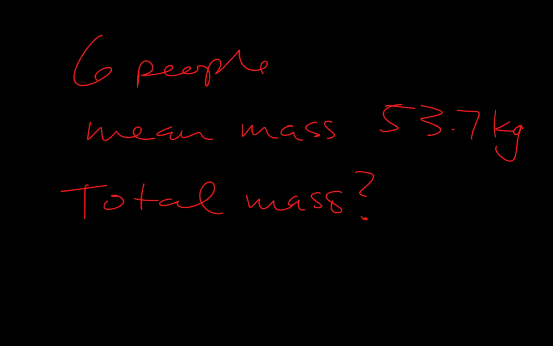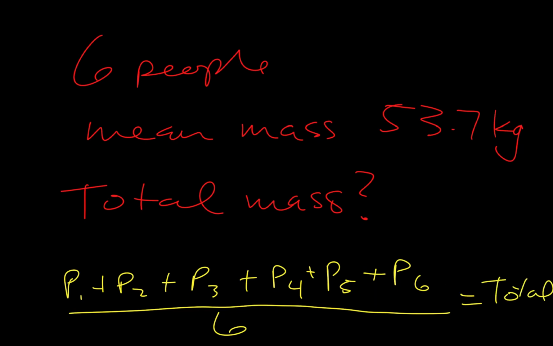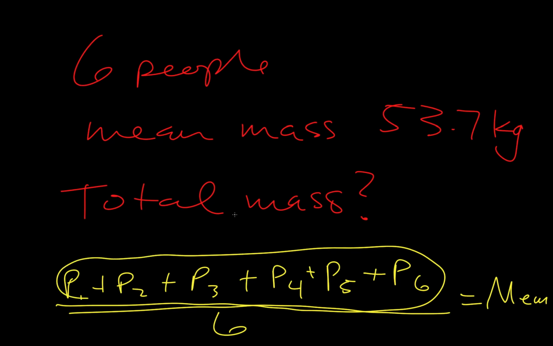Okay, so if we have person 1 plus person 2 plus person 3 plus person 4, 5, and 6, and then we want to divide that by the number of people, or 6, this would equal, sorry, this would equal the mean. Okay, so this number added together is just our total.